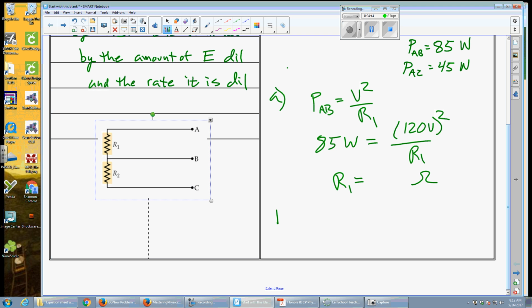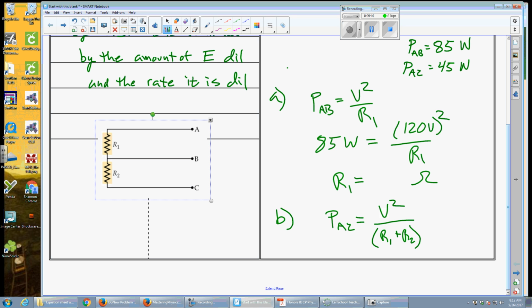And then for part B, power of AC equals V squared over. Now, between A and C, we have the two resistors, and I know they're in series, so they combine R1 plus R2.